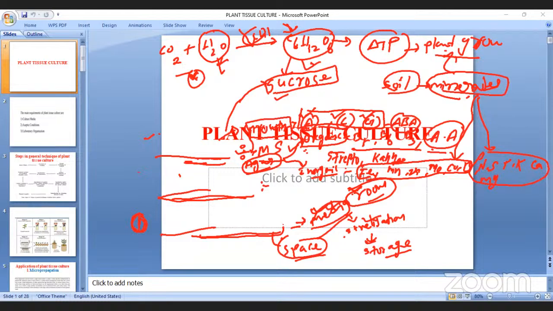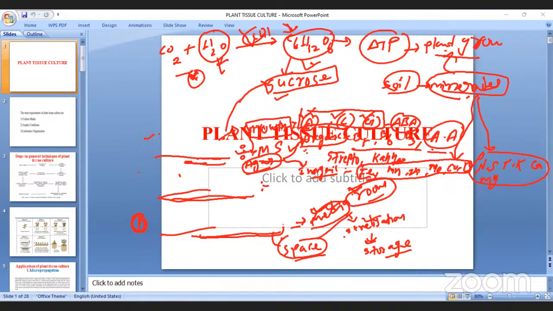That's why we need to provide aseptic conditions. Aseptic condition means conditions free from any type of microorganism or pathogen, so as to prevent loss of the experiment by contamination. We need to provide this so that we save the experiment from contamination.